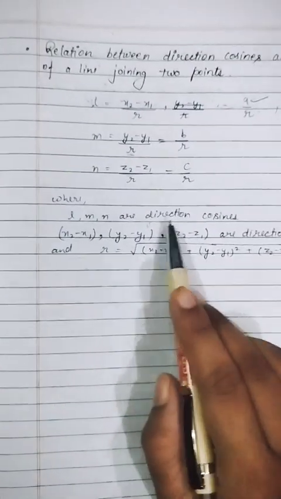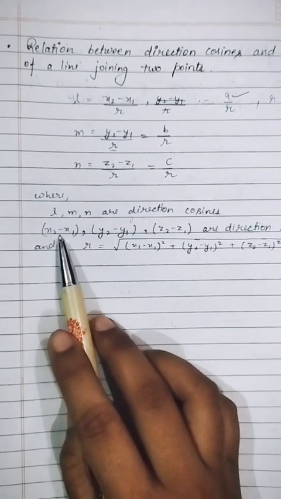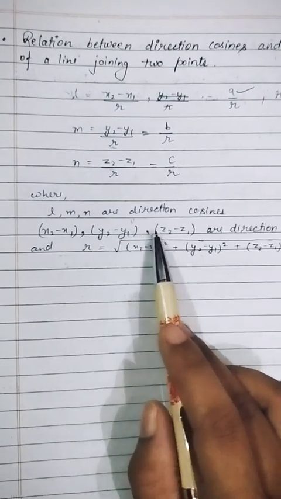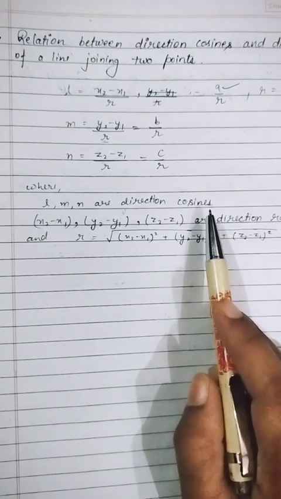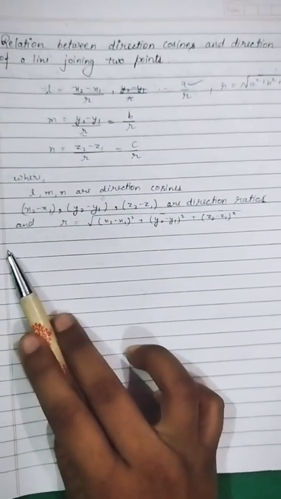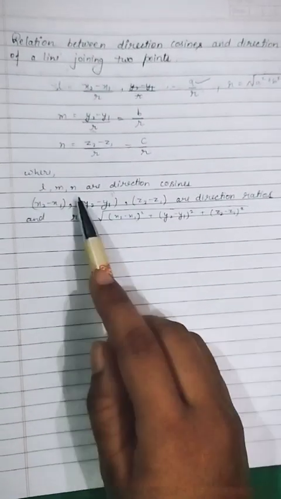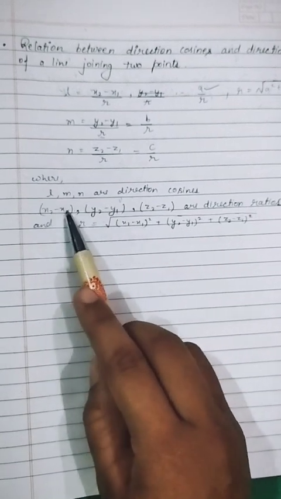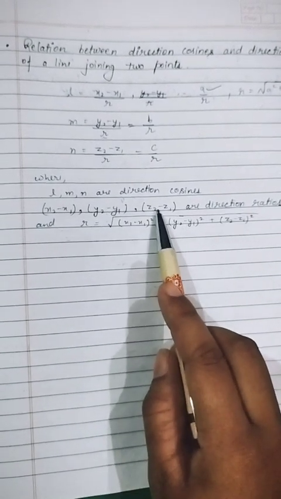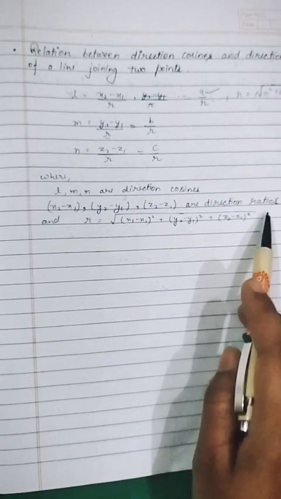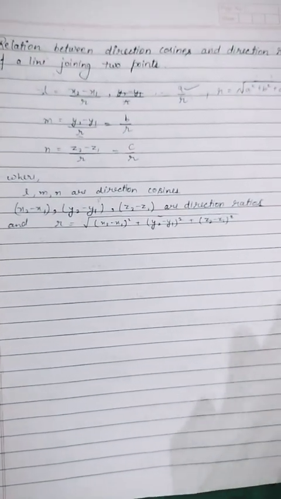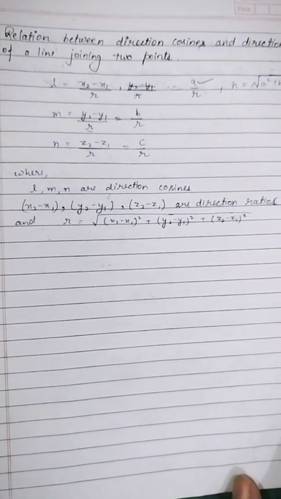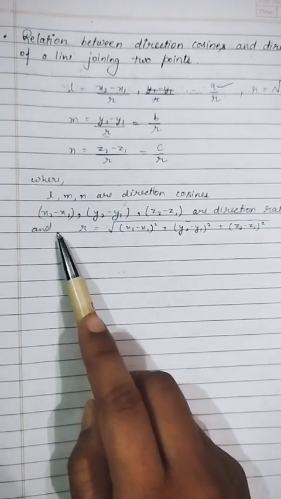So here L, M, N are the direction cosines, where x2 minus x1, y2 minus y1, z2 minus z1 are direction ratios. I have explained many times that these x2 minus x1, y2 minus y1, z2 minus z1 are the direction ratios, but there is so much confusion regarding this, so please listen carefully.